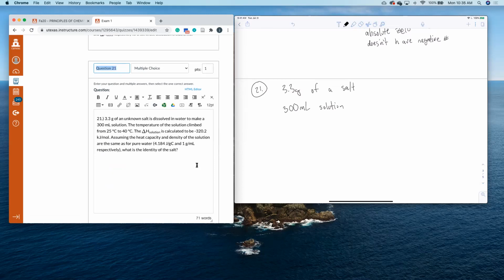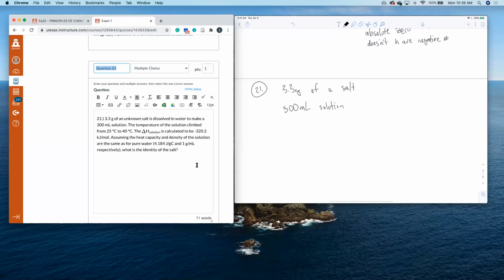The temperature of the solution climbed from 25 to 40. Delta H solution is calculated to be minus 300. Assume the heat capacity and density. Assuming the heat capacity and density, what is the identity of the salt?